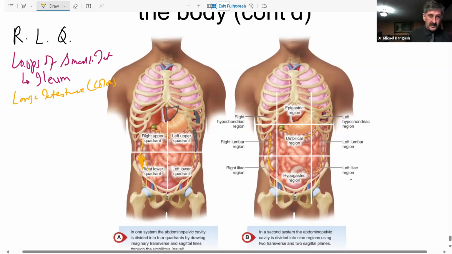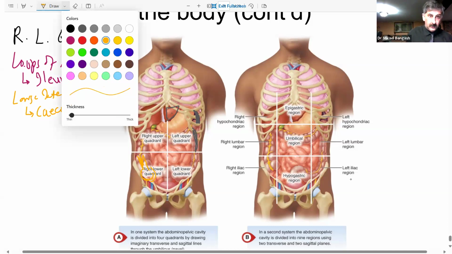Now, what you may not see here, but that's going to be something that we call the cecum. Very much here. Which actually is going to be the part where the ileum joins.